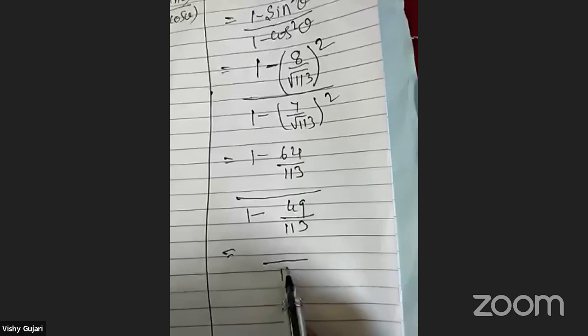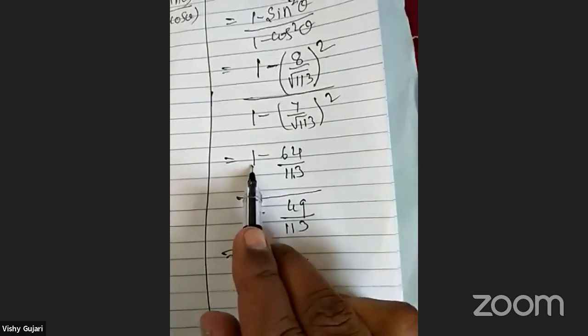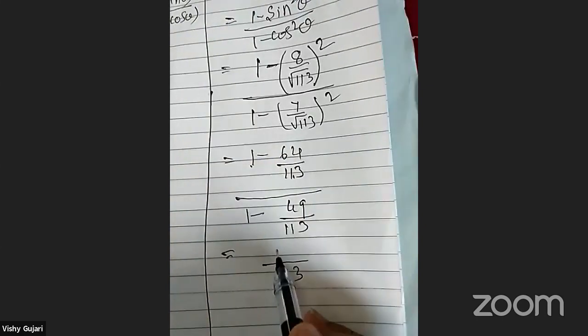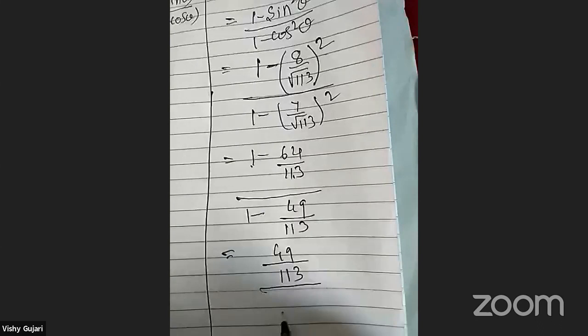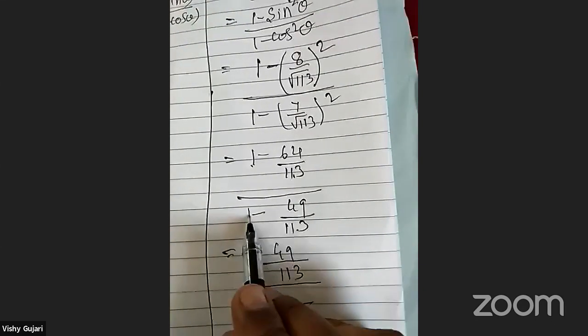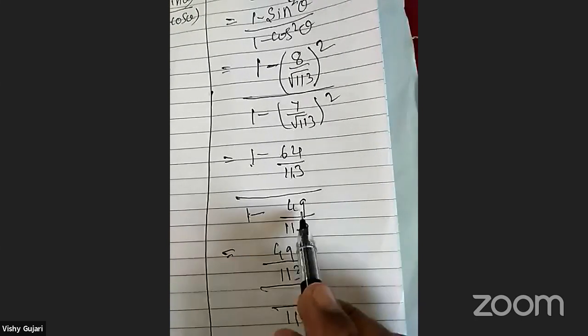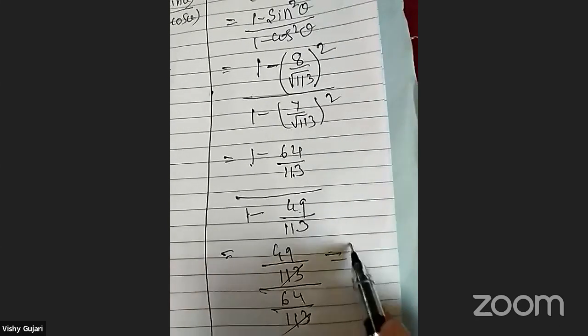Okay, that is equal to, 113 is LCM. 113 ones are 113, 113 minus 64 is equal to 49, whole divided by, again LCM is 113. 113 ones are 113, 113 minus 49 is equal to 64. 113 gets cancelled, is equal to 49 by 64.